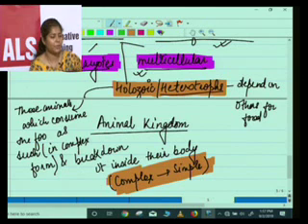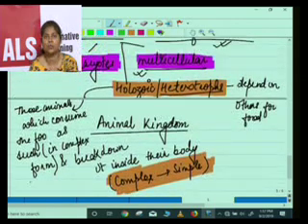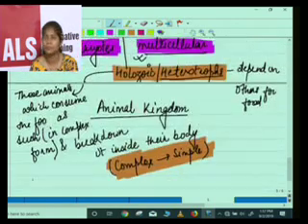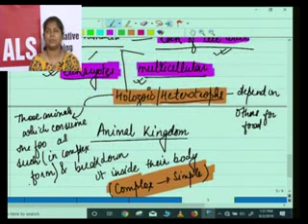Clear? All of you? Any problem up to this? Let me know please if any problem. It's clear? Just copy and let me know if that has been done.